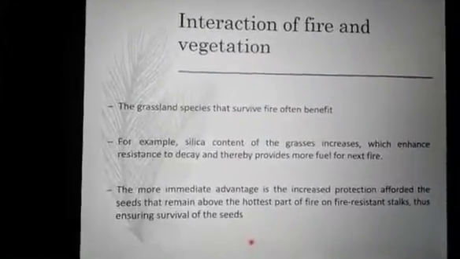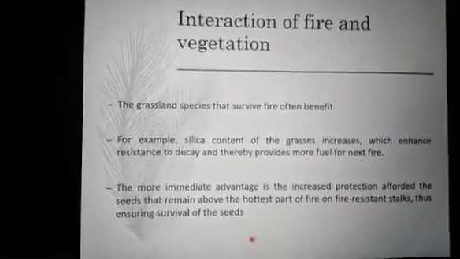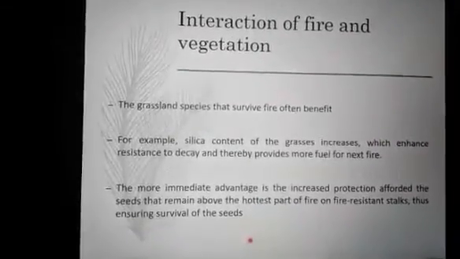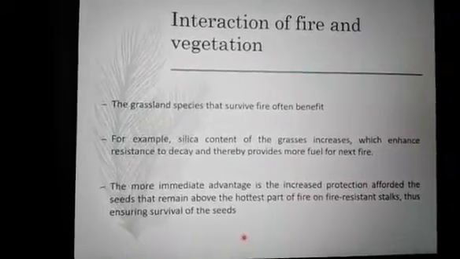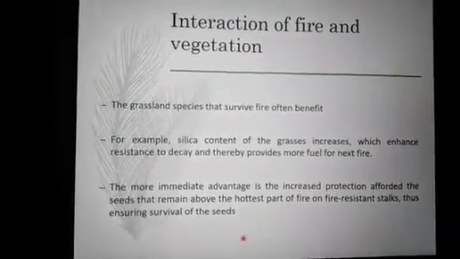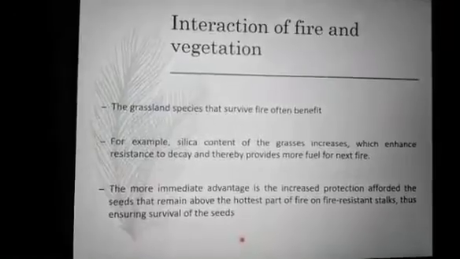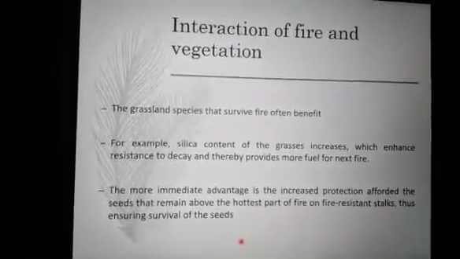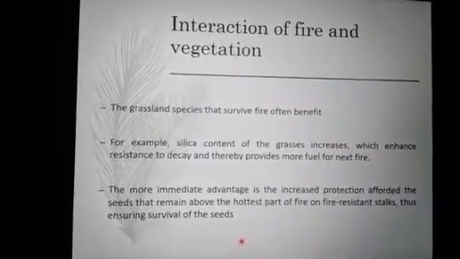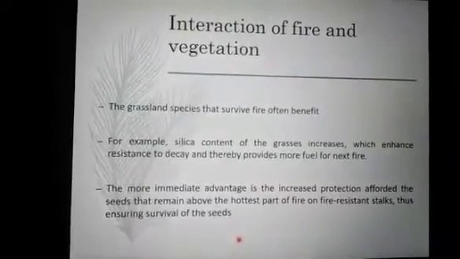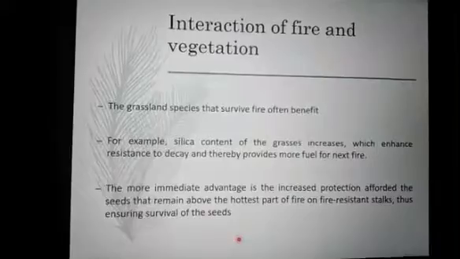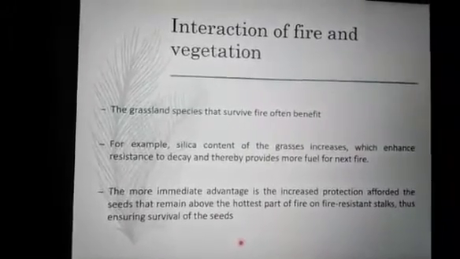Then we have the interaction of fire and vegetation. So the grassland species that survive fire often benefit, because it is said that some of the grasses tend to have some silica content, which enhances the resistance to decay and thereby provides more fuel for the next fire.